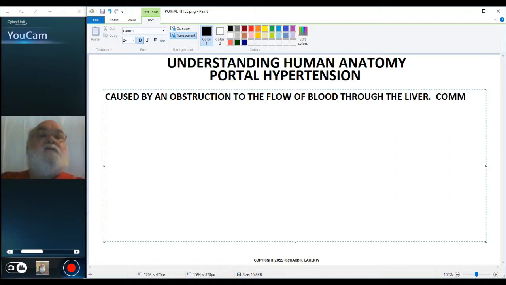Common causes include cirrhosis, liver cancer, and hepatitis.